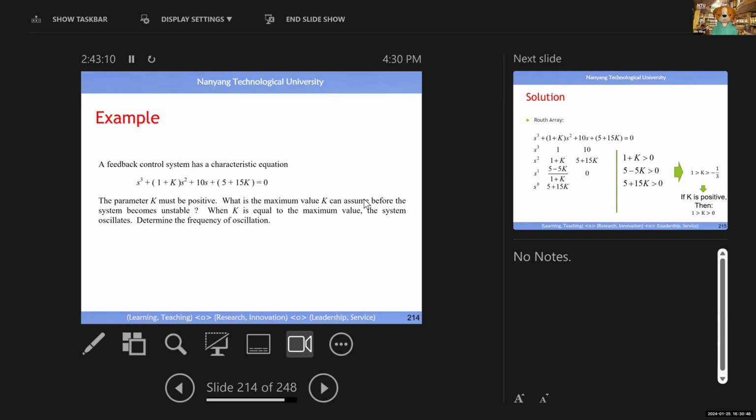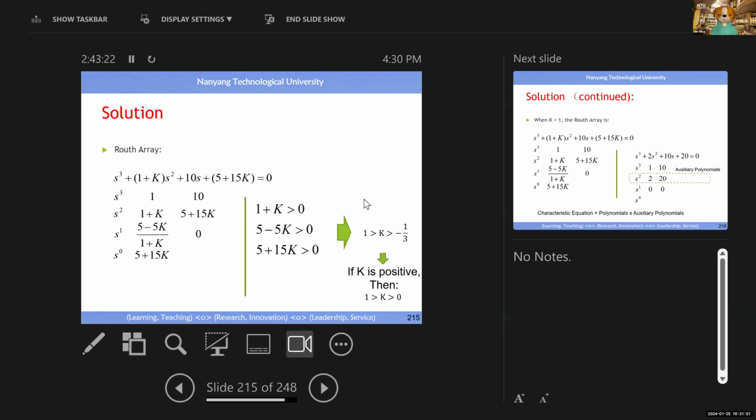But the important thing is to use this method to design the control system. For example, in this case, what should be the value of K which will make this control system stable? You apply this method. You fill up the Routh array with all these coefficients. In order for the system to be stable, the first one must be positive, then this one positive, positive, positive.